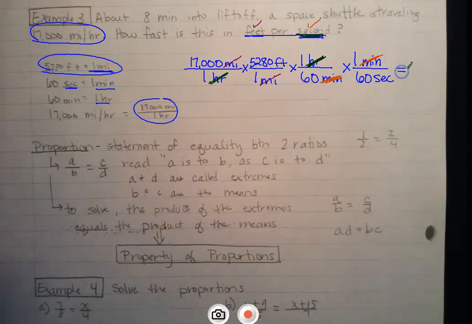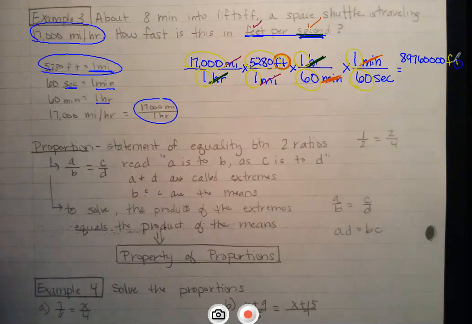Okay, so now I can do the math. What is 17,000 times 5,280 times 1 times 1 equal? Okay, you may not have had time to do the math there yet, but I have that equals 8,976,000 feet.